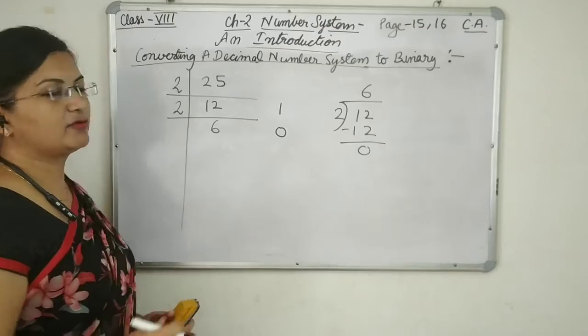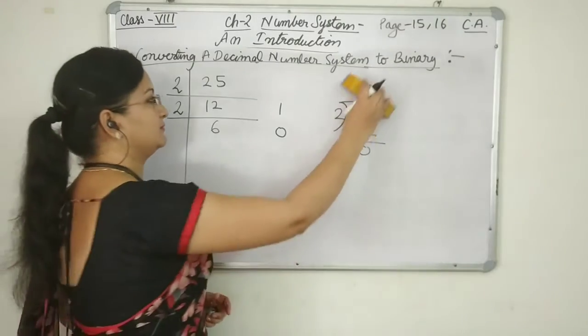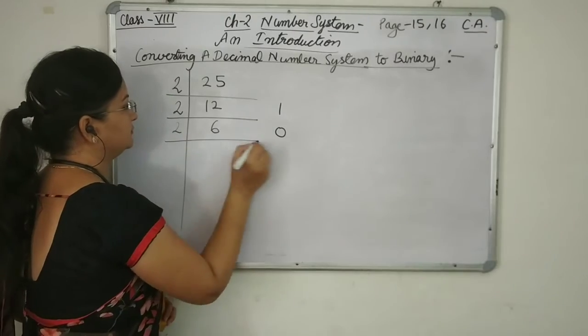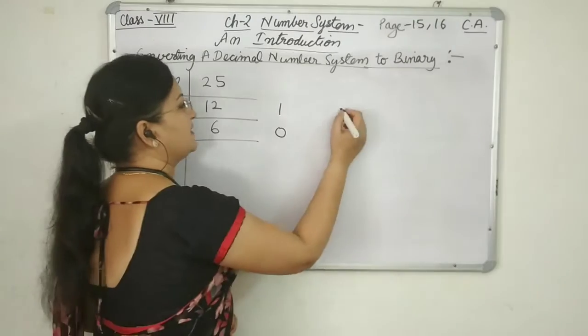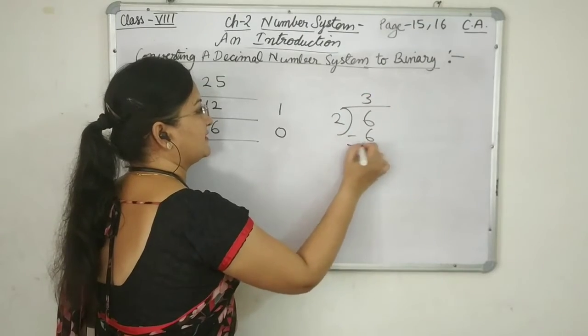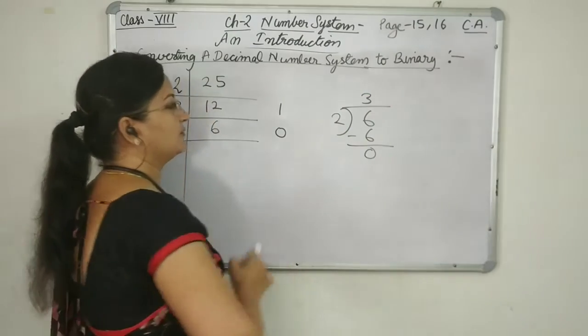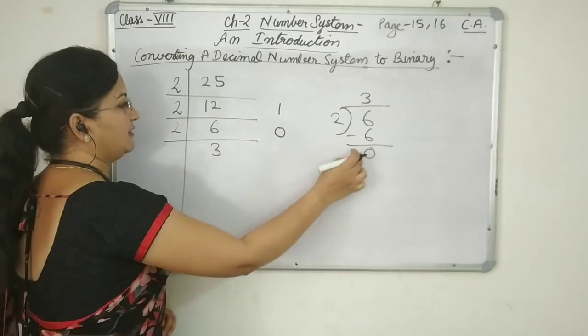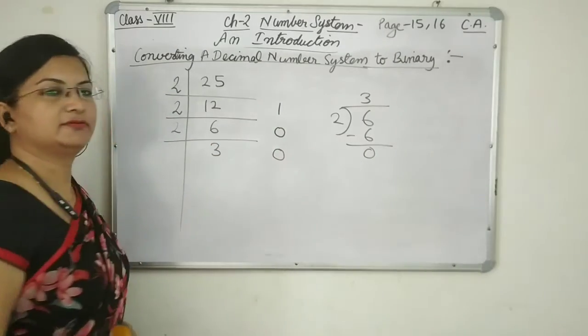Now again we divide by 2. 6 divided by 2: 2 3s are 6, remainder 0. So write the quotient 3 here, and remainder 0 here.